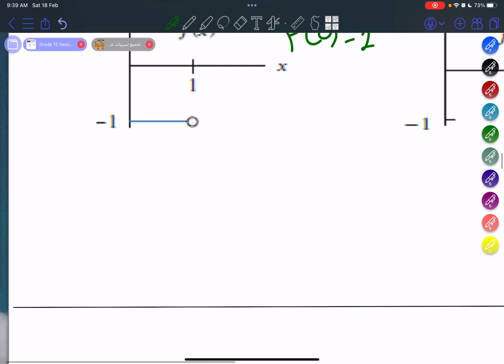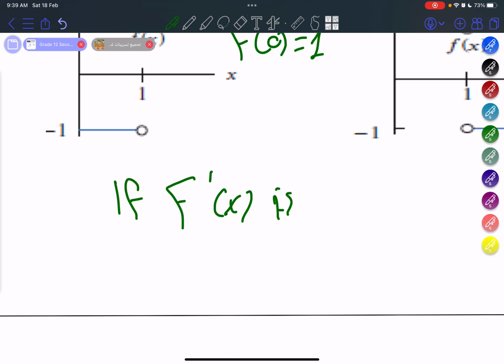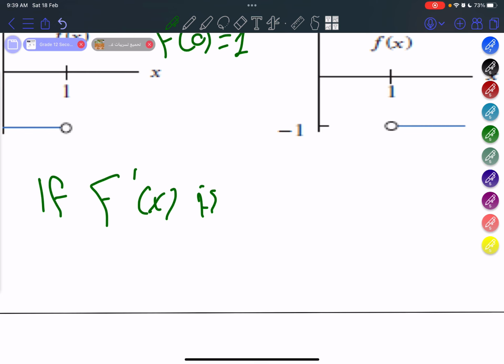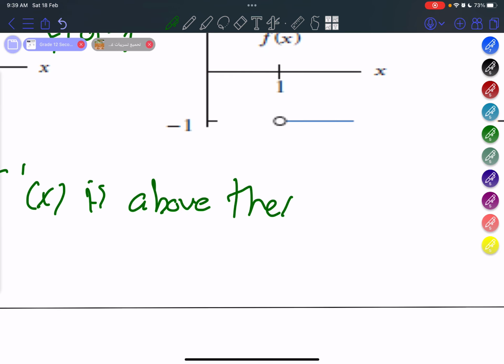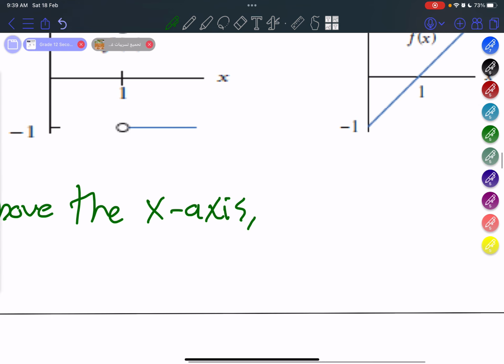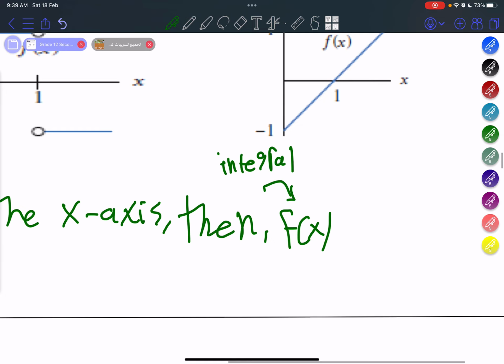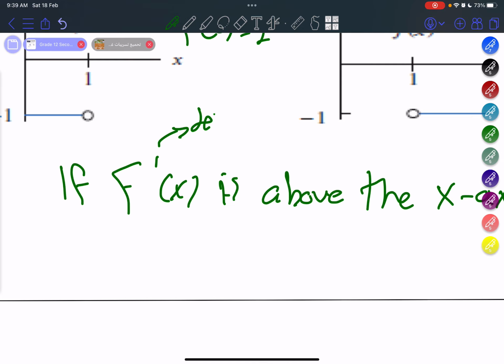Now we have two rules in this case. We know that if f prime of x is above the x-axis, then we will use the f-then language, f of x as the integral, and this is the derivative.